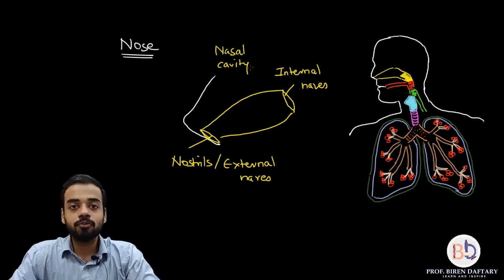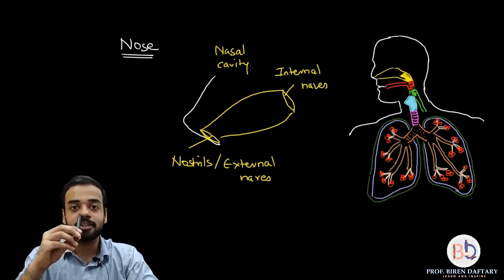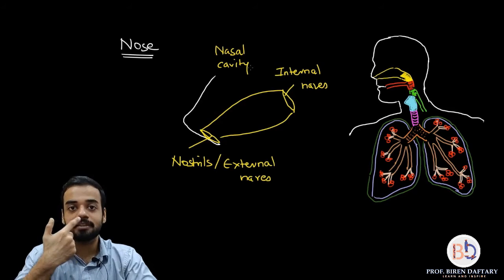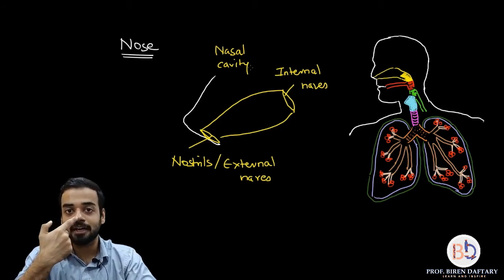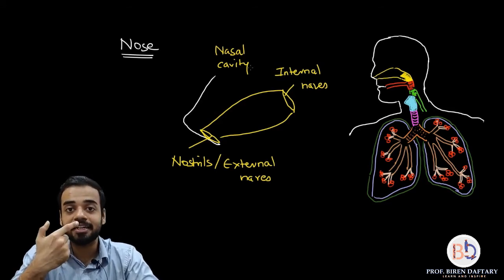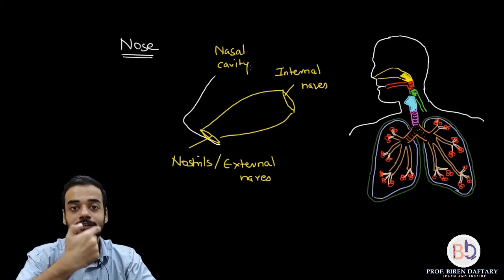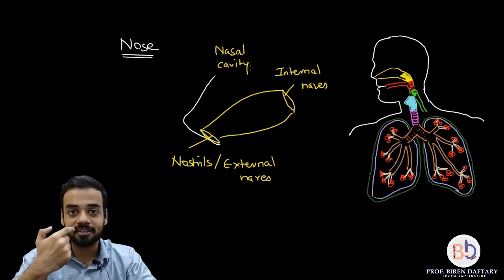Now if you look at your nose properly, the entire cavity is divided into two chambers. So this is my left nostril, this is my right nostril, and between that you can see this is a cartilage. That cartilage is dividing the cavity into two parts, left part, right part, left nostril, right nostril, left external nare, right external nare.